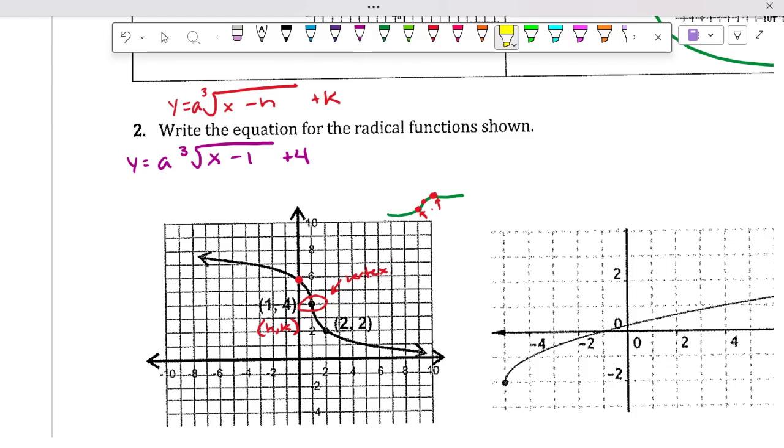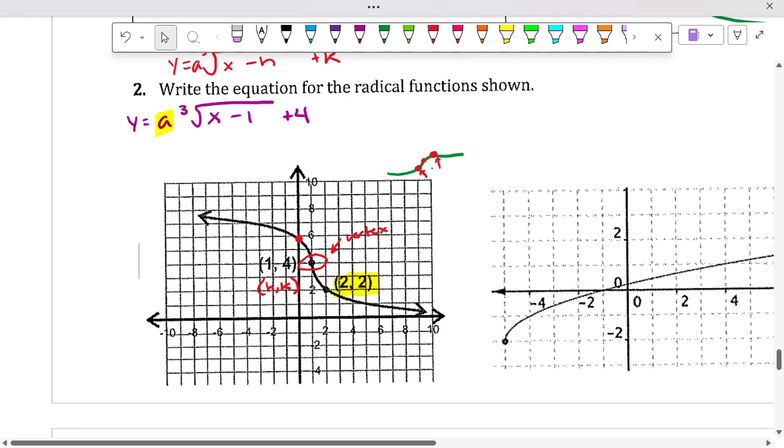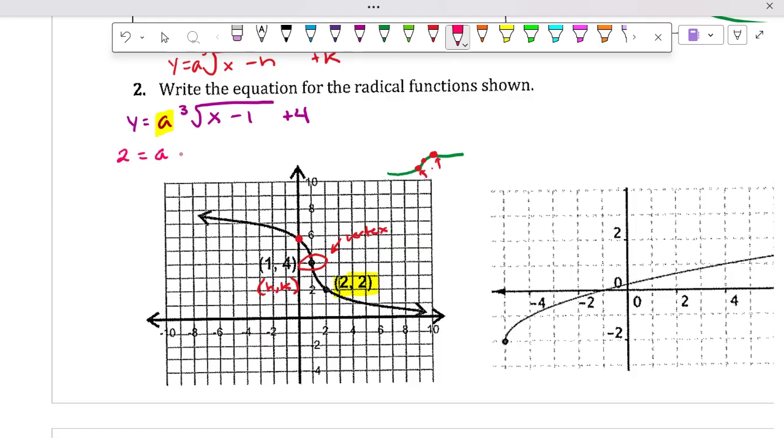Now, where the second point comes in is that that's what helps us solve for A. Who remembers what I said you have to do? Plug in x and y into the function and solve for A. So if I do that, I have 2 is equal to A times the cube root of 2 minus 1, plus 4. Now, what's 2 minus 1? 1.